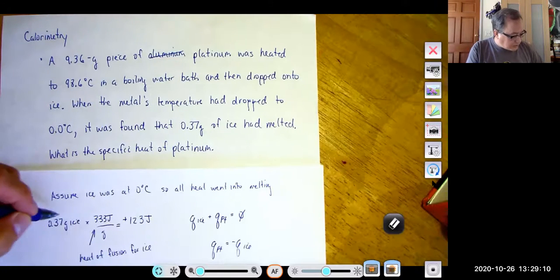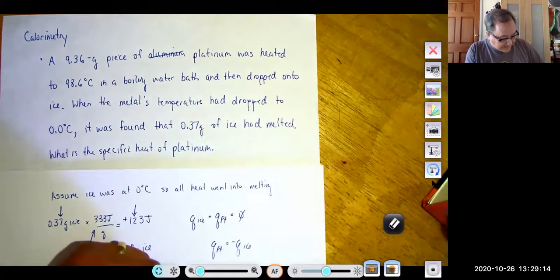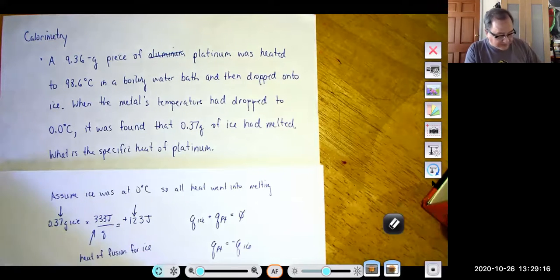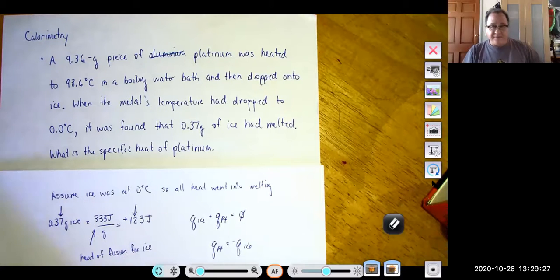And this has only 2 sig figs. When you have 2 sig figs, 3 sig figs, and 3 sig figs, your answer is 2 sig figs, and there's your specific heat capacity of platinum. And this is a negative, this is a negative, so you get a positive.